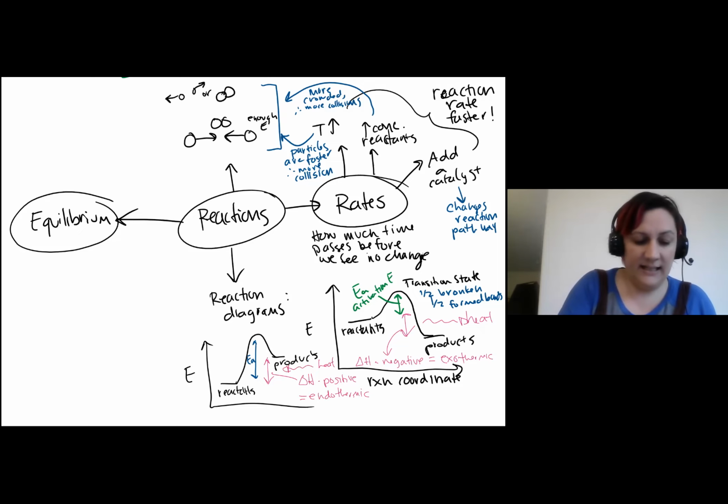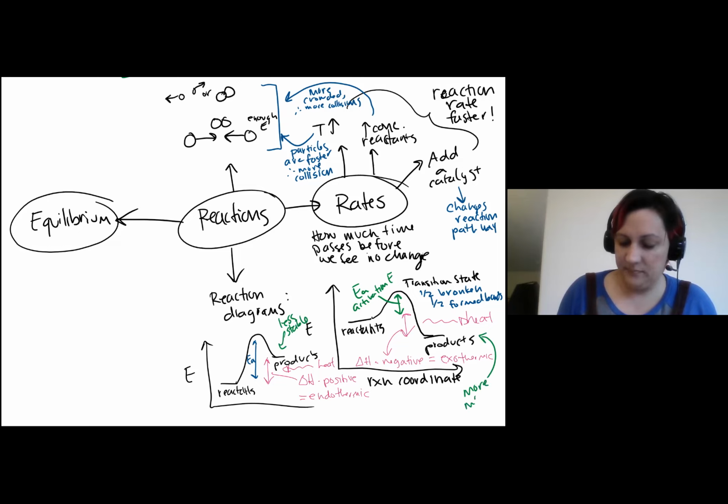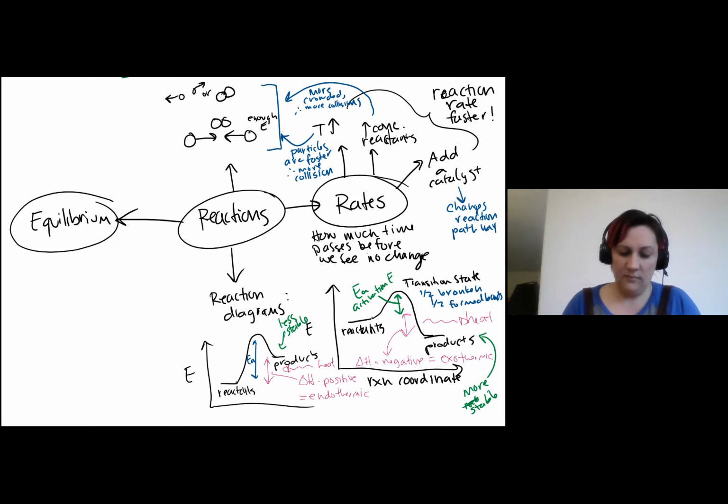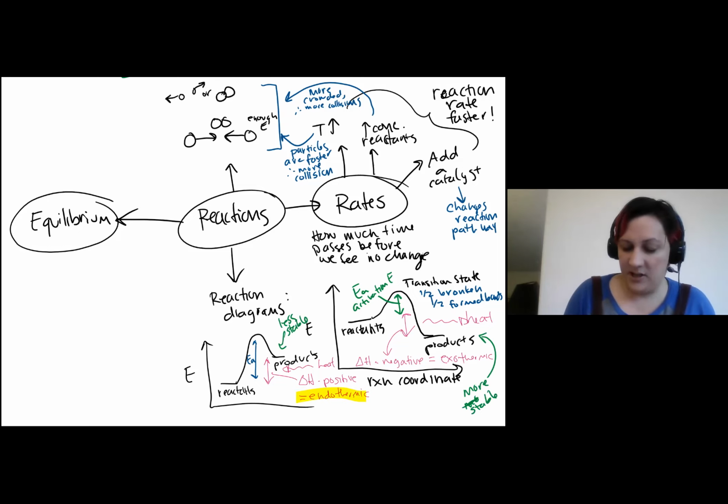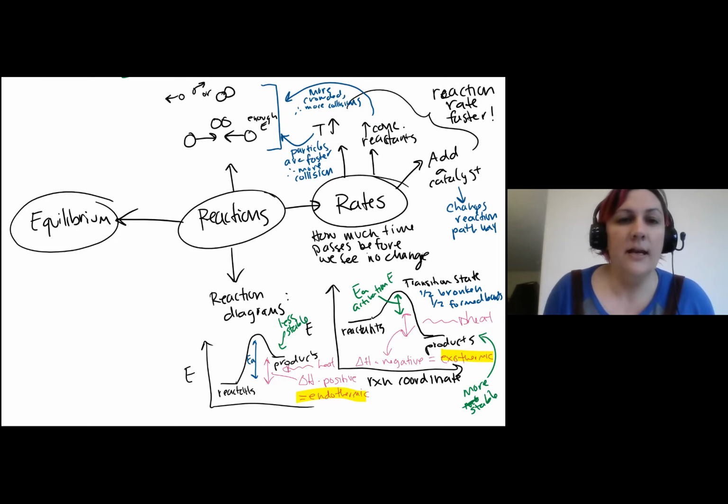And in these cases, the products are less stable than the reactants when they're at a higher energy, and they're more stable if they're lower in energy. And so that gets us to this idea of endothermic reactions versus exothermic reactions.